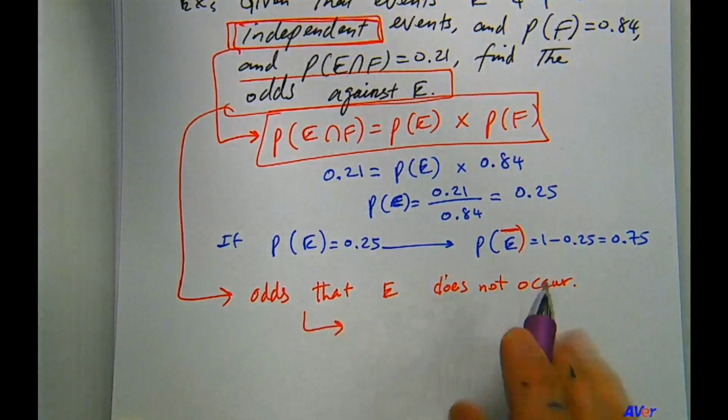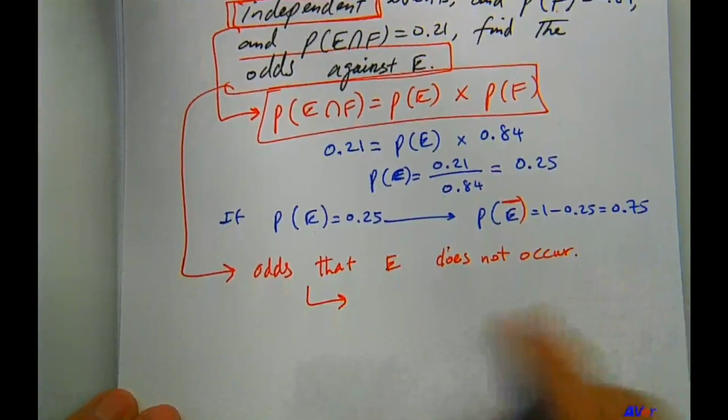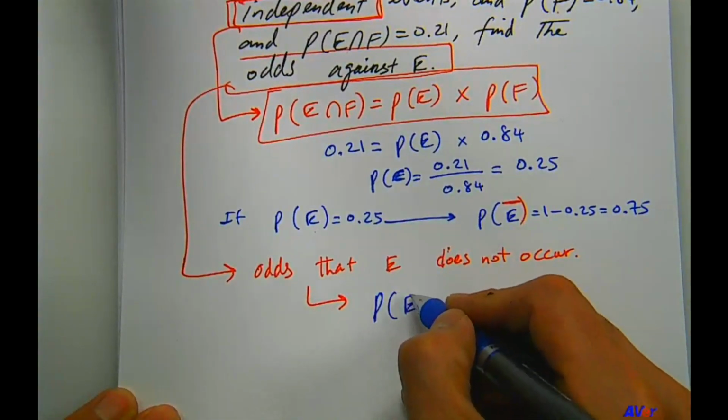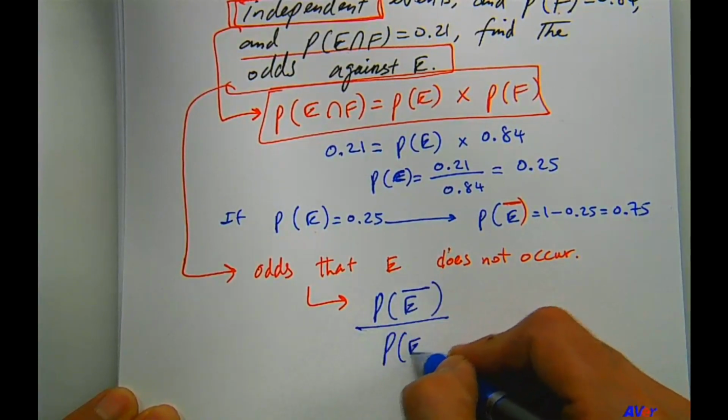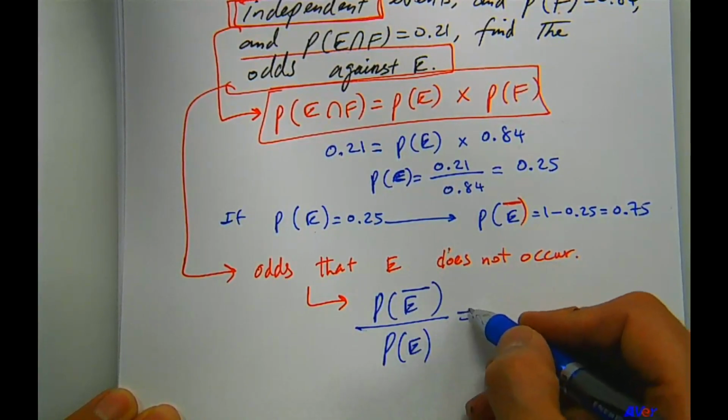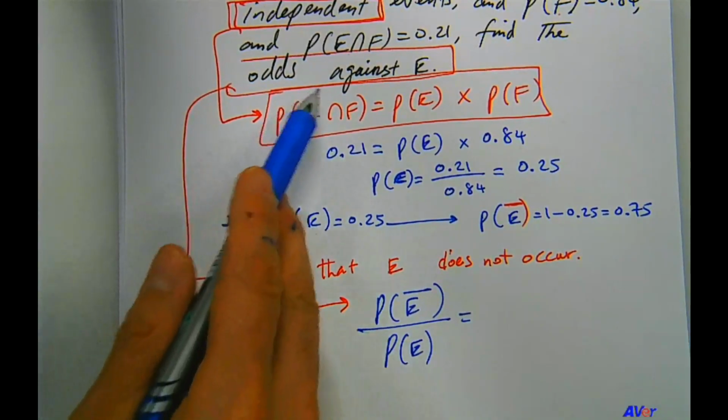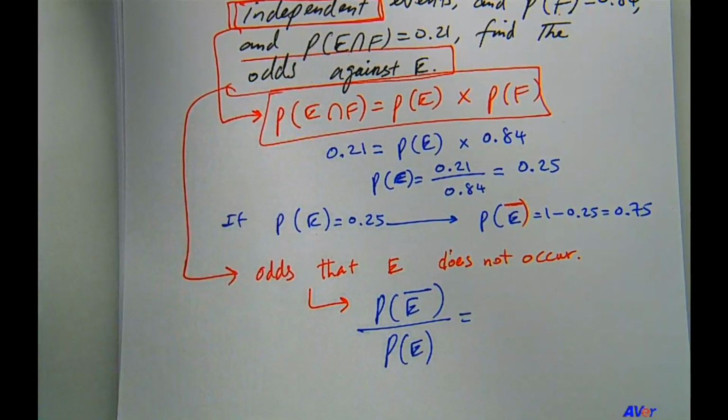We want that. So that means we have to take the ratio of the probability of E bar, that E does not occur, over the probability of E, that E occurs. So the odds that we're looking for tells us in which way to calculate this ratio.